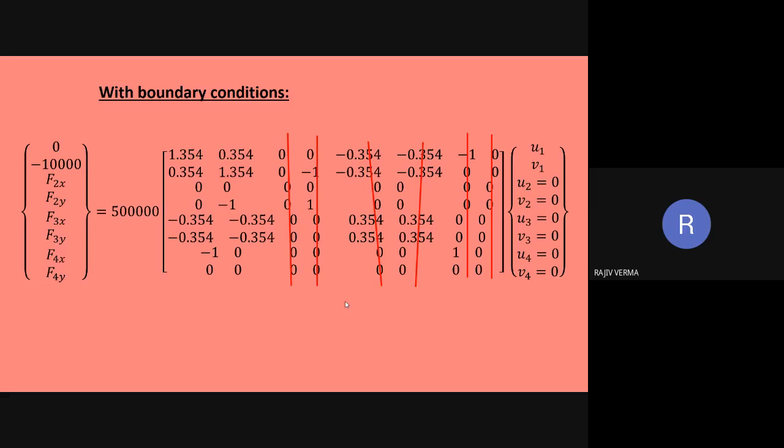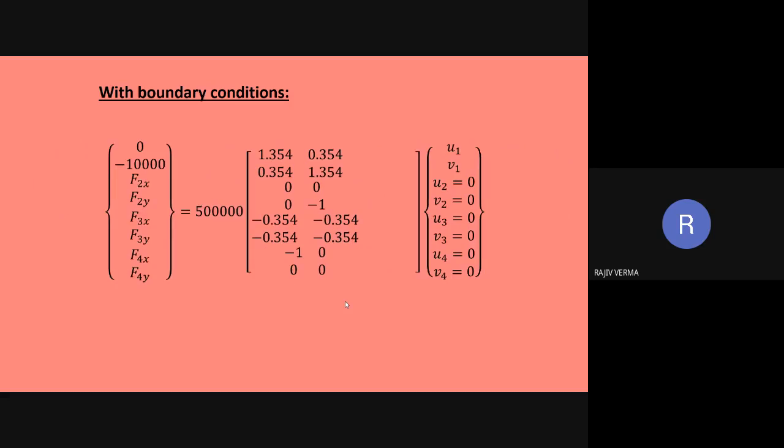So what basically remains is the terms present in the first column and the second column. Now we are going to reduce this further. Only the first and the second column have been retained. All the other columns have been neglected.